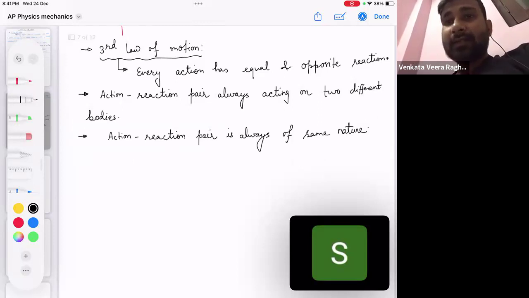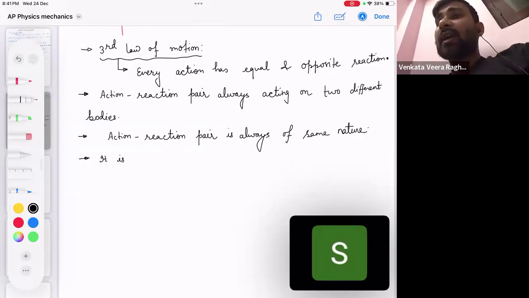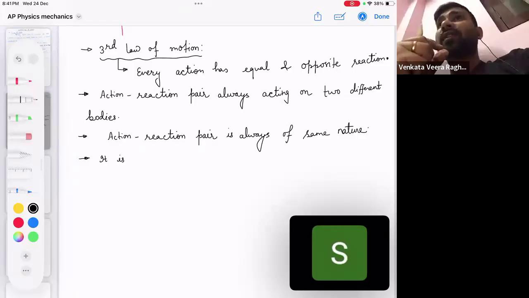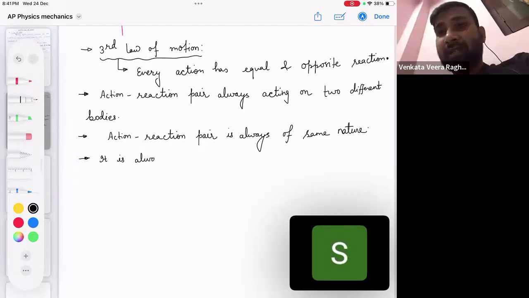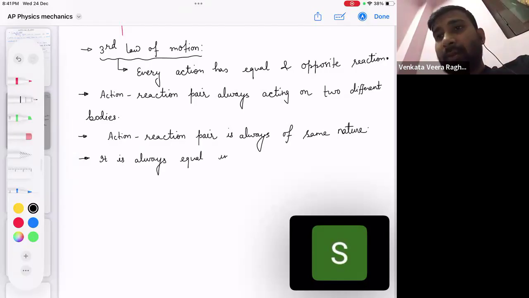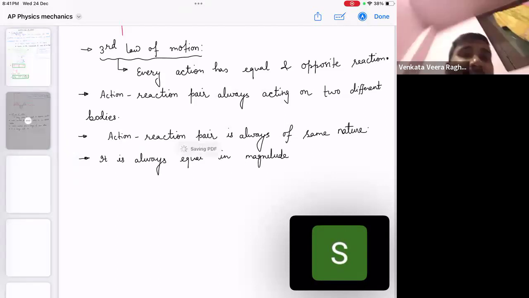And the last point: action reaction pairs are always equal and opposite. This means the action and reaction pair of forces will have equal magnitude, but they must be acting in the opposite direction of each other. So it is always equal in magnitude, okay, and what about the direction?